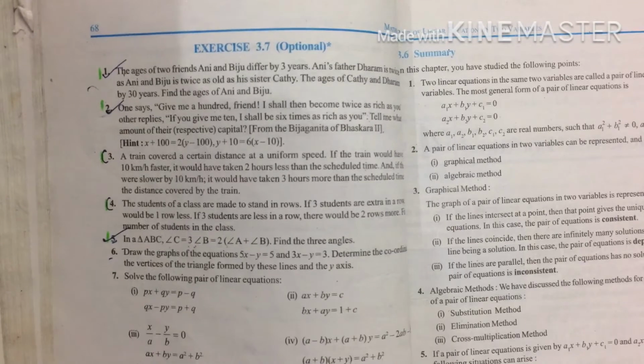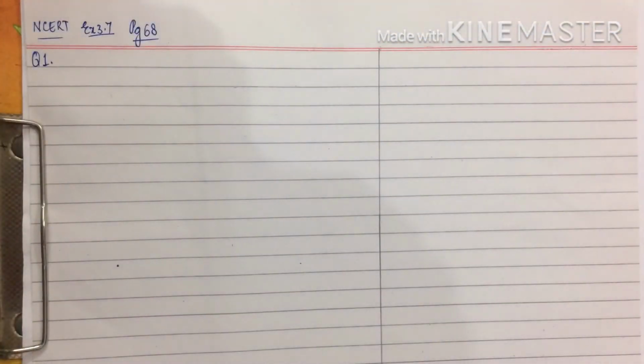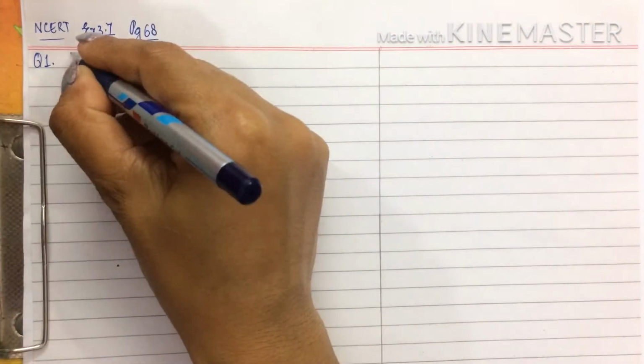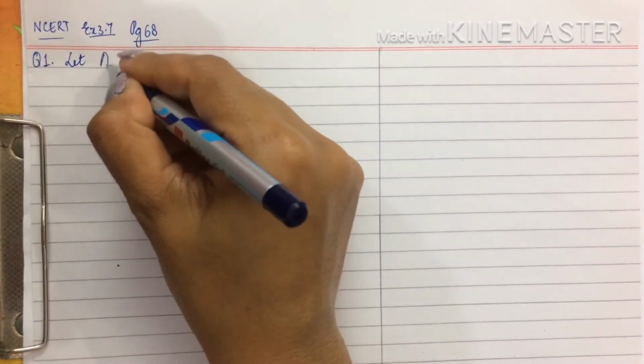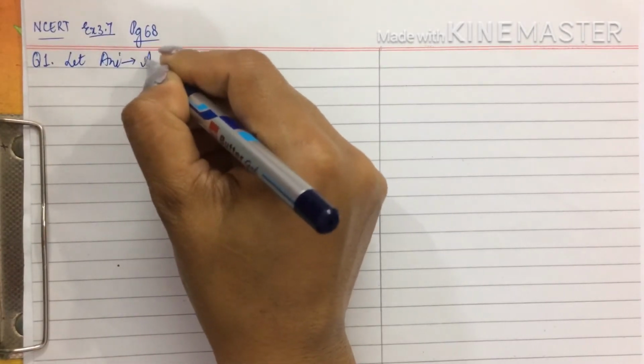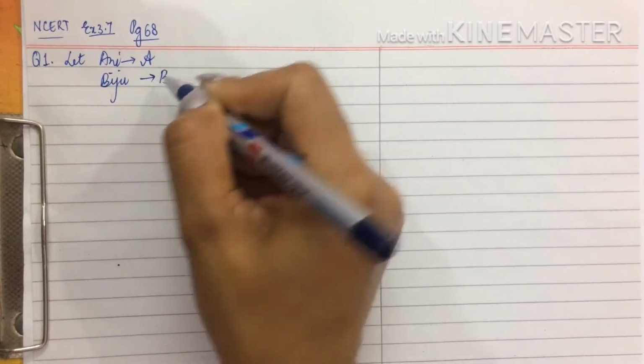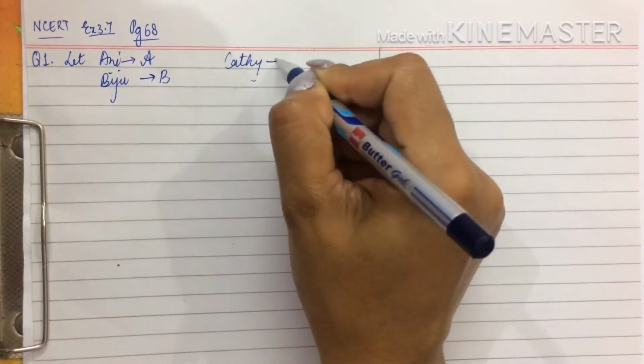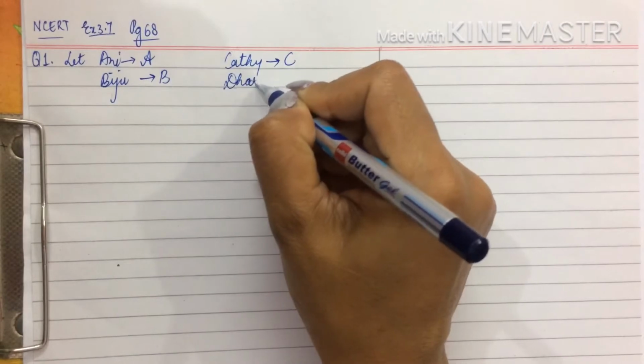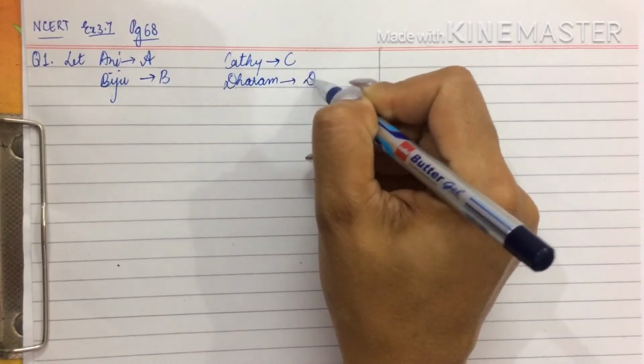So, just for convenience, let us say that Ani is represented by A, Biju is represented by B, Kathy by C, and Dharam by D. These are not your variables.